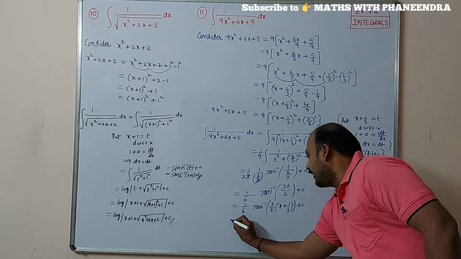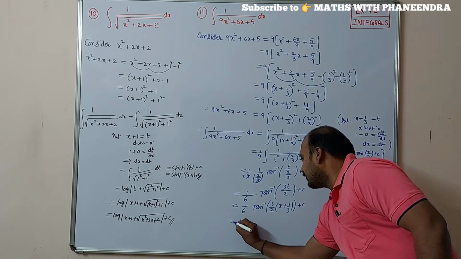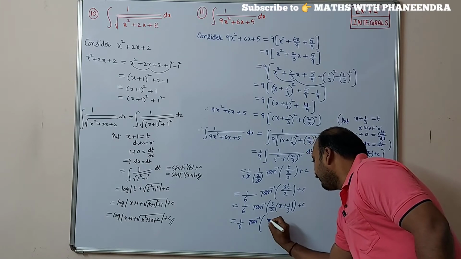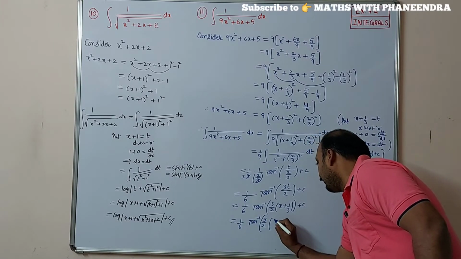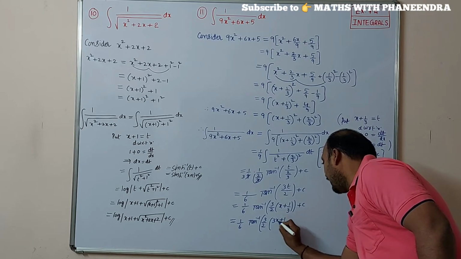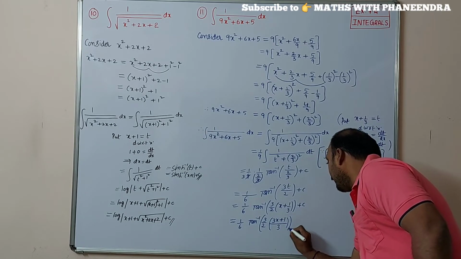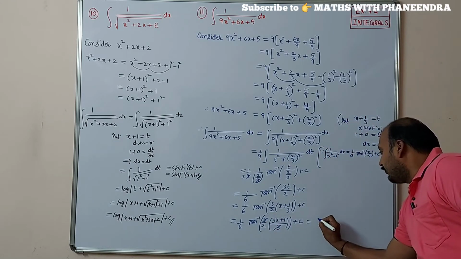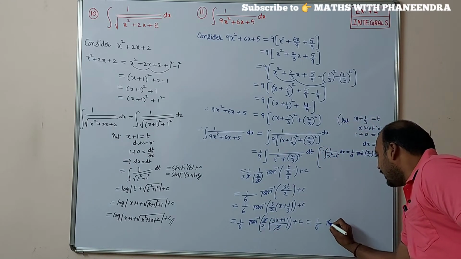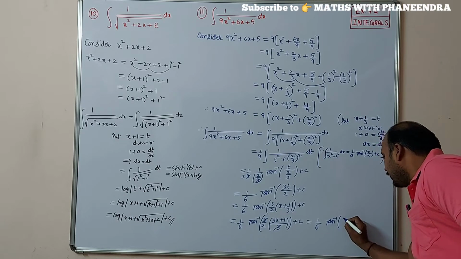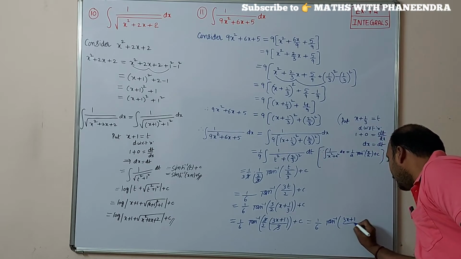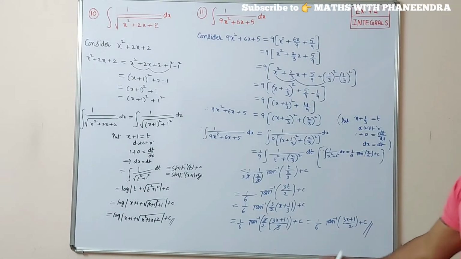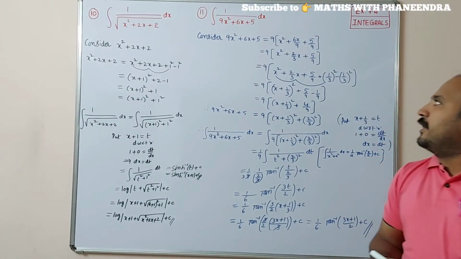Now we can simplify here: 1 by 6 tan inverse of 3 by 2, (3x plus 1) divided by 3, plus c. So the 3 gets cancelled. That is equal to 1 by 6 tan inverse of (3x plus 1) divided by 2. So this is the required answer for the given integral.